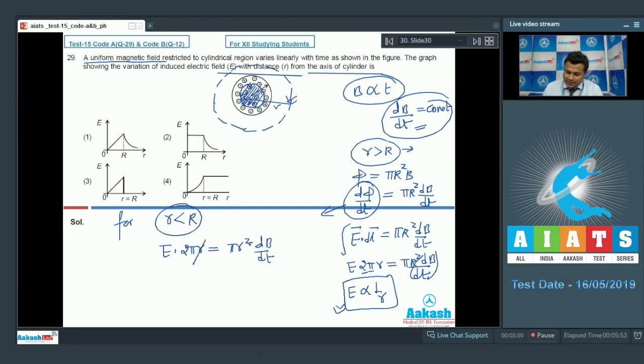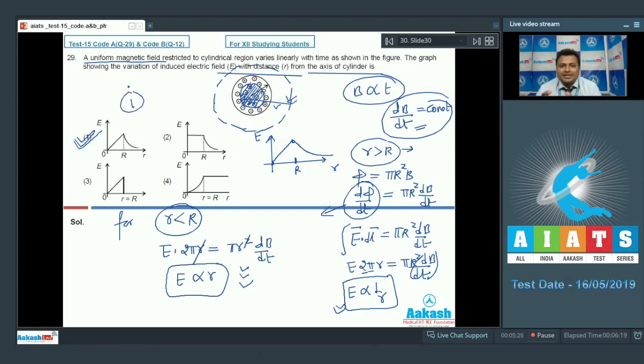Now r cancels out from here. We can see electric field is directly proportional to r for inward points. So therefore we can plot the graph, induced electric field versus distance from the axis. From axis to the radius, it is directly proportional, and then further it is inversely proportional. So we can go with option number 1, which is absolutely correct.